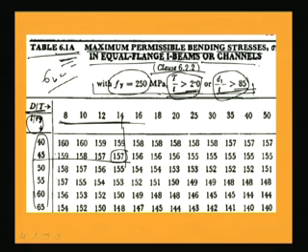Suppose the L by R ratio is 55 and D by T ratio is 18, then the sigma BC value will become 151 MPa. In this way we can find the values of sigma BC for different L by R ratios and different D by T ratios from table 6.1.